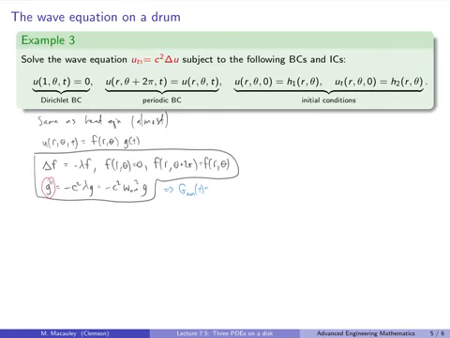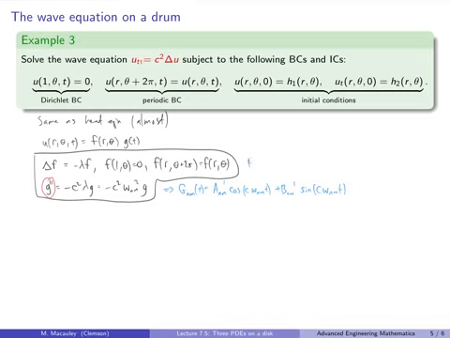So let me call this A nm prime cosine of c omega nm t plus B nm prime sine of c omega nm t. So you look at this, you think that's sines and cosines, and the frequency is c times omega nm. And now I'm calling these primes because let me write down what f is, just to remind you.